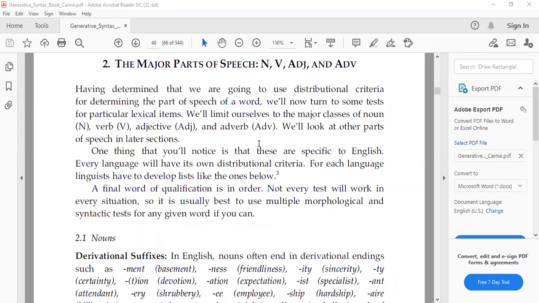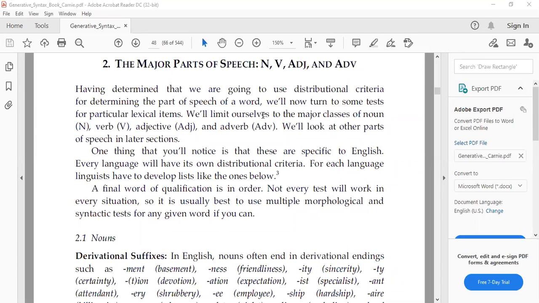Now, nouns in English can be what? Subjects, objects, remember 101: direct objects or indirect objects, or objects of prepositions. Or remember pattern 2 sentences: noun subjective complement or noun objective complement.